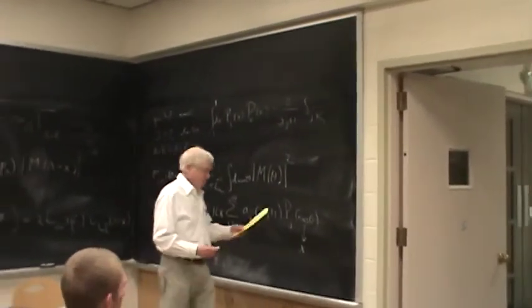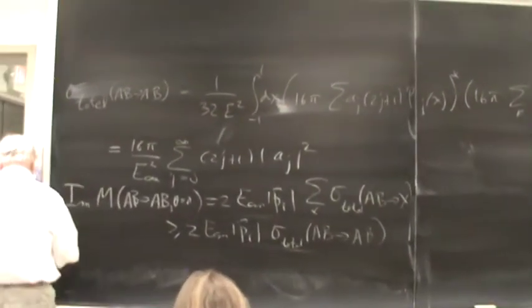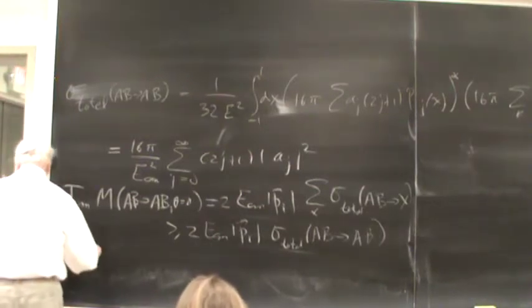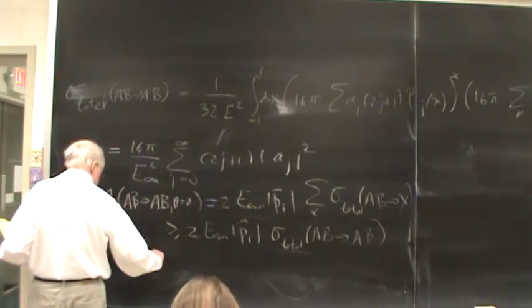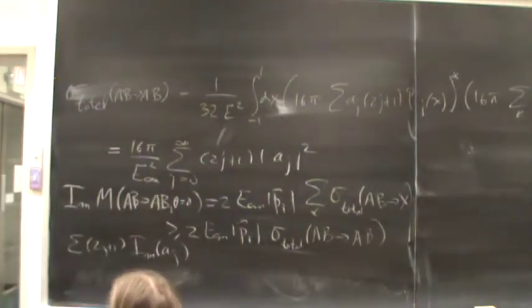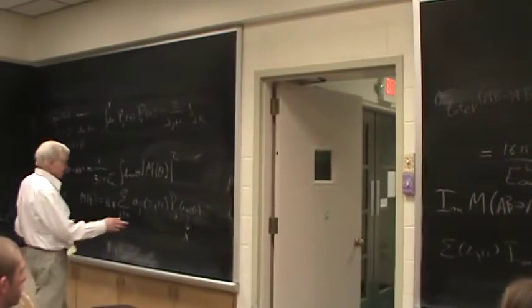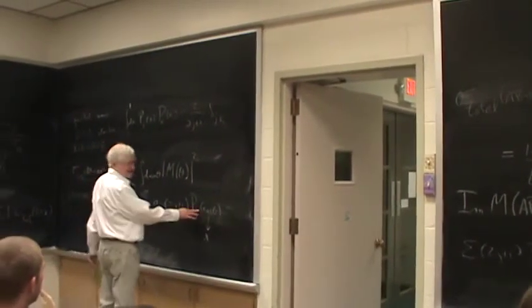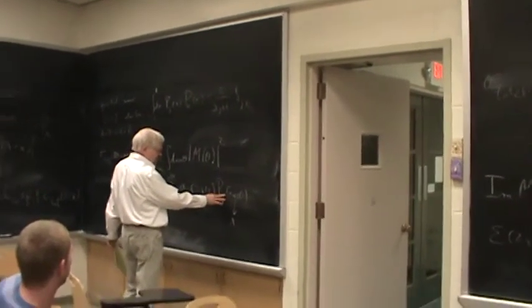On the other hand, we can take this amplitude here, we've already expressed it in terms of these Legendre polynomials, and so what we get is the sum 2j plus 1, the imaginary part of aj. In other words, on the left-hand side we have theta equal to 0, so these guys are all 1.